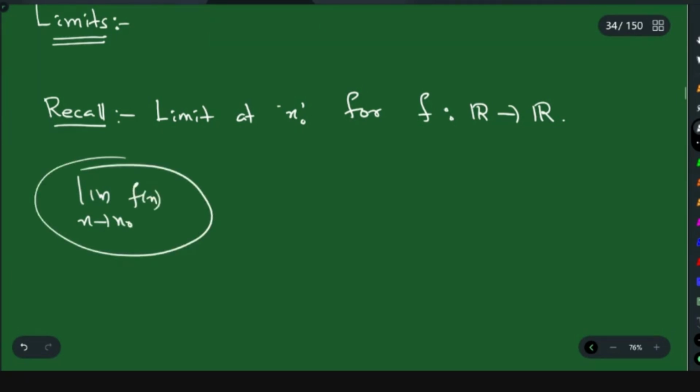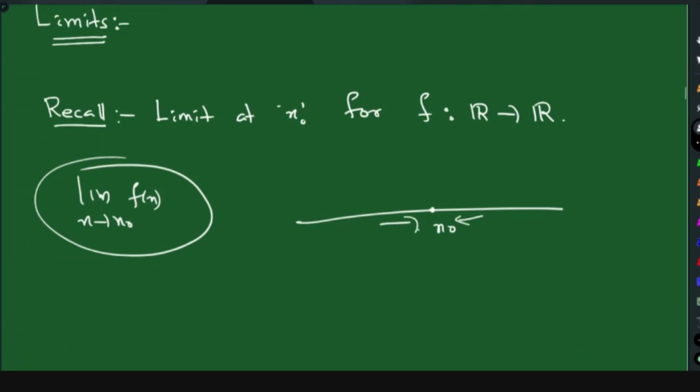You have to consider the real line and a point x0. You can approach this point in two different ways, from the right and from the left. So you will get a left-hand limit and a right-hand limit. Both have to be equal. Then we say the limit exists, right? That equal value is denoted by the limit as x tends to x0 of f(x). So that is the definition.